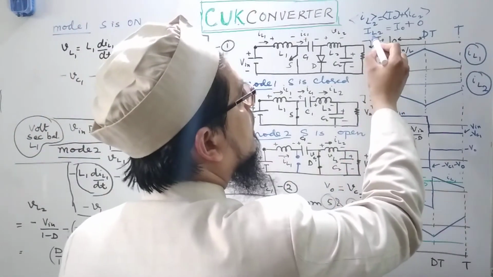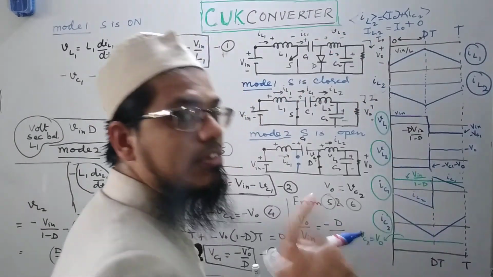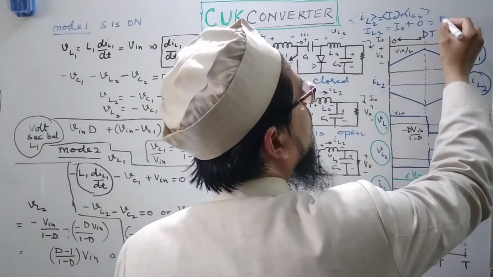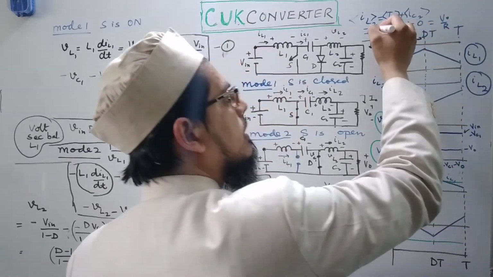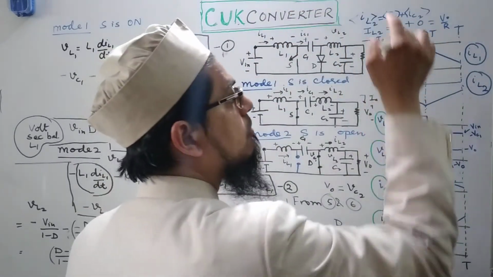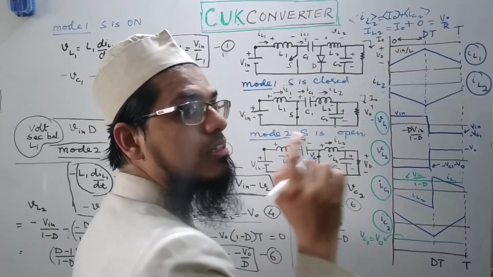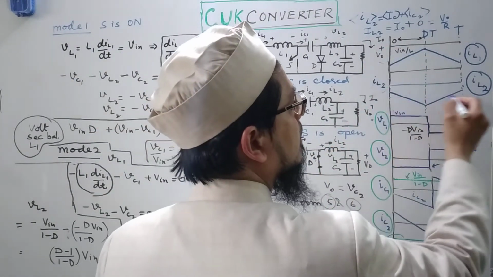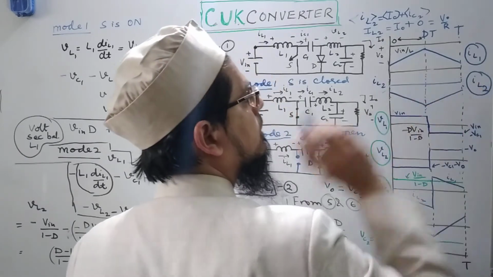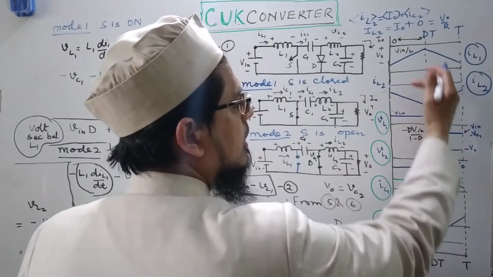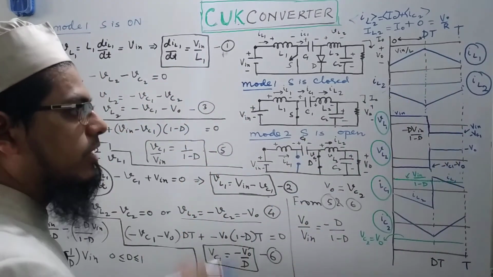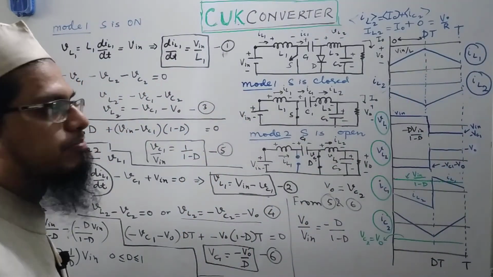So IL2 is I0, and I0 itself is negative, because I0 is equal to V0 by R, and V0 is negative, so I0 will be negative, and hence IL2 is negative. That means the average value of the inductor current through L2 is a negative quantity, somewhere here. That's why I have shown it in the negative half, in the fourth quadrant. Okay, fine.